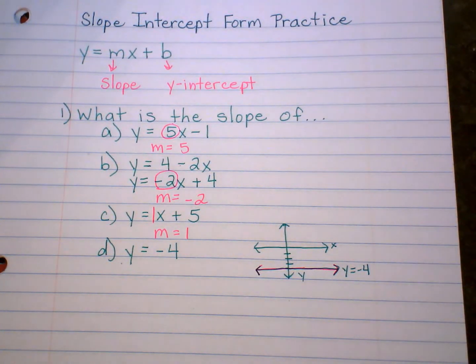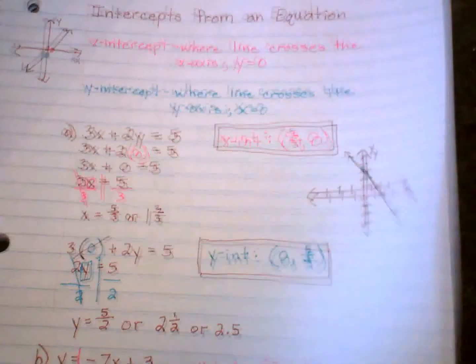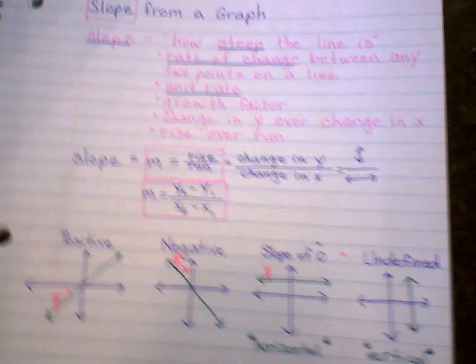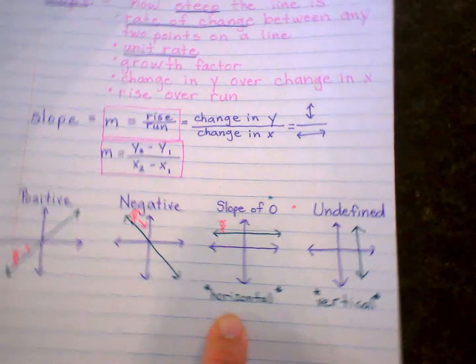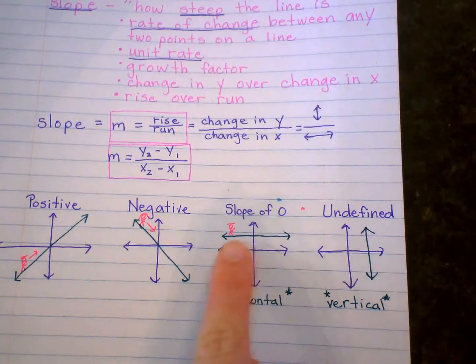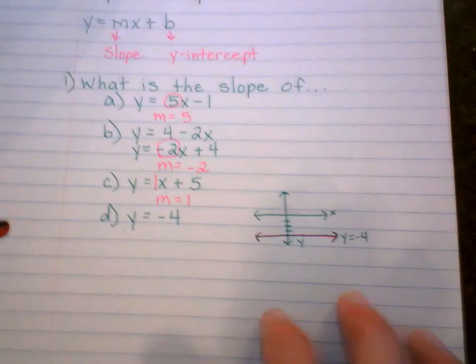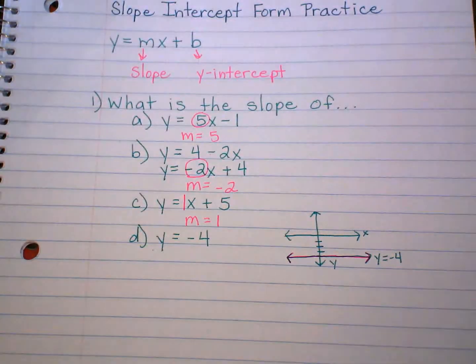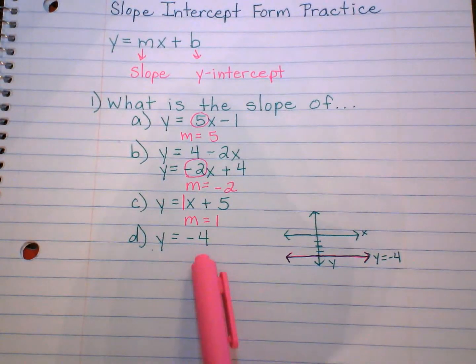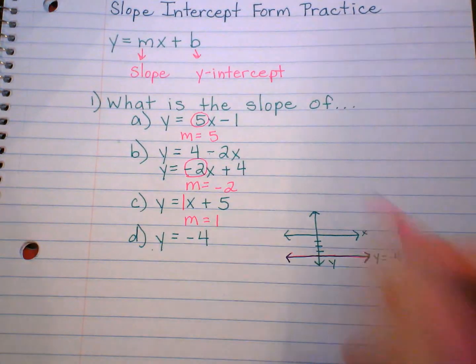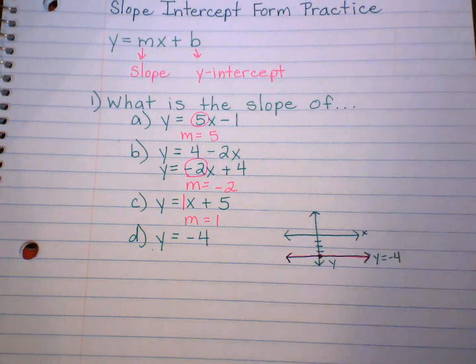So what's the slope? What's the steepness of a horizontal line? Well, we learned a few days ago when we were learning about slope, a horizontal line has a slope of 0. The steepness doesn't change. You're just walking straight across. So that's the case because look, there's no mx. It's just y equals b. That's the y-intercept. That's where the graph goes through the y-axis.